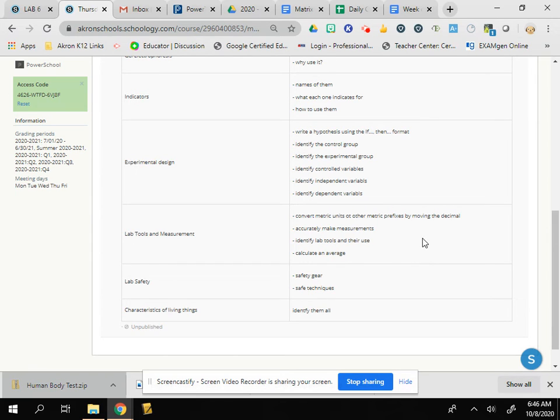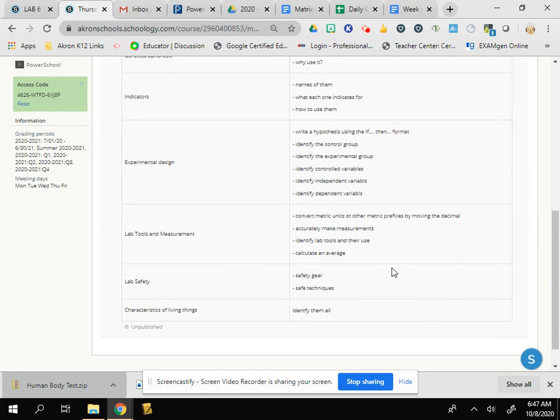You'll need to know the lab tools, how to make measurements, on a ruler or a graduated cylinder. As far as lab safety, make sure you remember general lab safety gear that you need or safety techniques that you would use. And then the characteristics of living things. That was one of the first things we started with. Make sure you know how to identify or understand what characteristics of living things are.